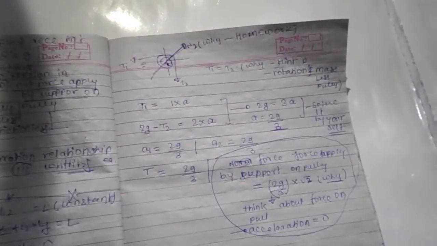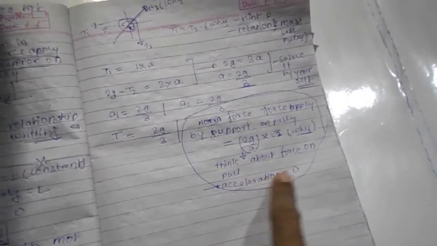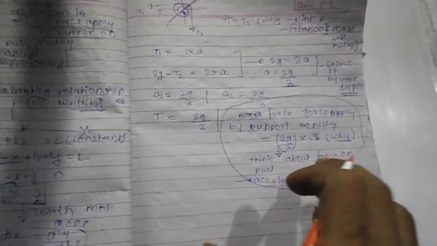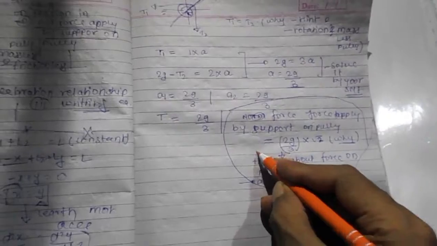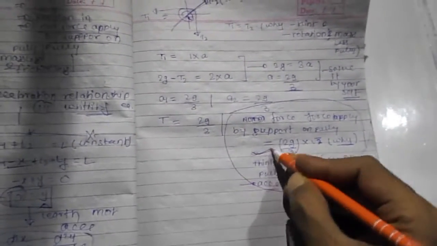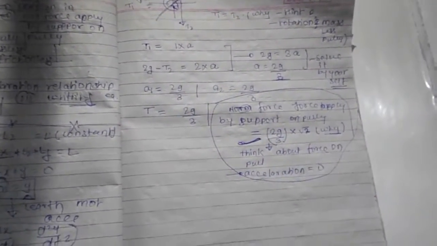If you are thinking that this pulley is rotating, it should have some centripetal acceleration, but I have said that its acceleration is 0. How is it possible, etc. This confusion is necessary. You will get your answer in rotation. Okay guys, so we have solved all the questions. If some confusion has come in your mind, do it by yourself. Okay, take help of your friend.